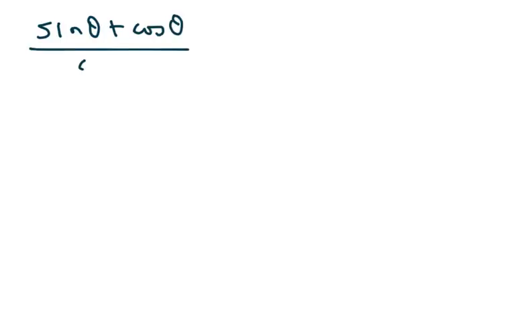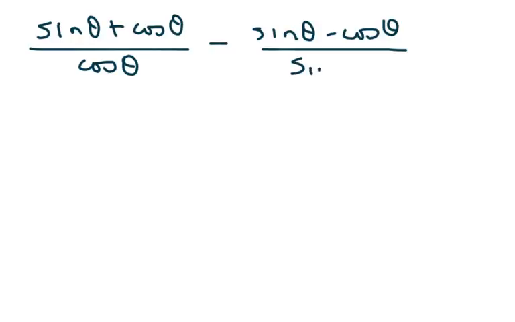Okay, the next one is sine theta plus cosine of theta over cosine of theta minus sine of theta minus cosine of theta over sine.